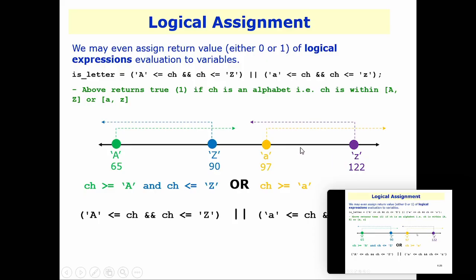The last question is whether we can use OR or AND for these two ranges. As long as you satisfy one of these two ranges, it is true, right? You don't have to satisfy both ranges. Actually, it is impossible. So that's why you have to use OR, as you can see here. So this is how you can define the range of the alphabet.